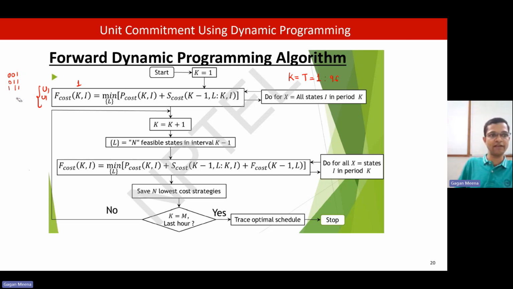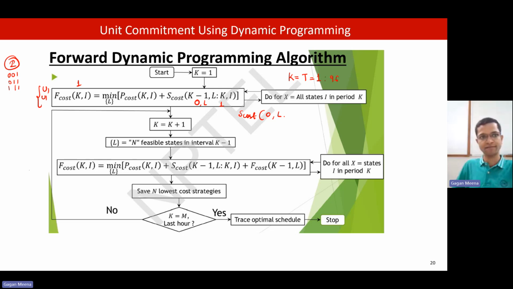So this is I, and L is here 1, meaning one subset because of the initial condition. Let's say only the second generator was running. This is the production cost, and this is the transition cost, from K minus 1, which for K equal to 1 is 0, to L.